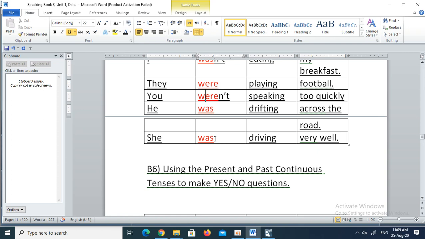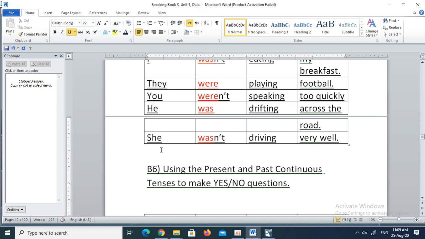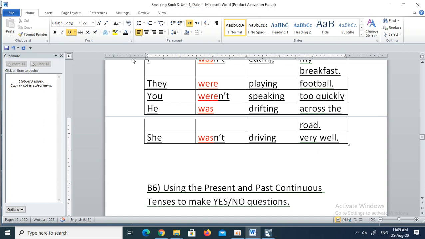All right, if I have the positive sentence, she was driving very well, again, I can make it negative and I can say she wasn't driving very well. All you do, add an nt to make it change from positive to negative.